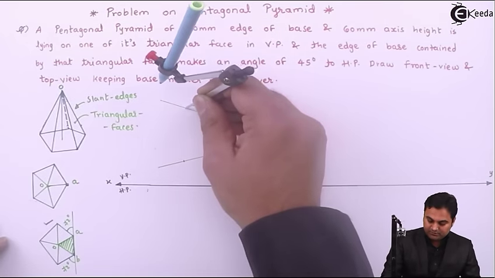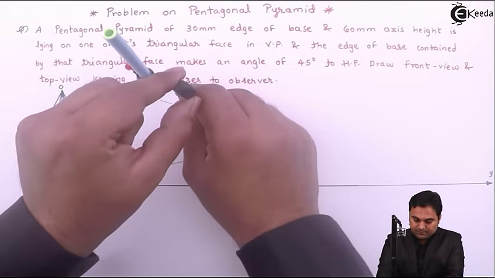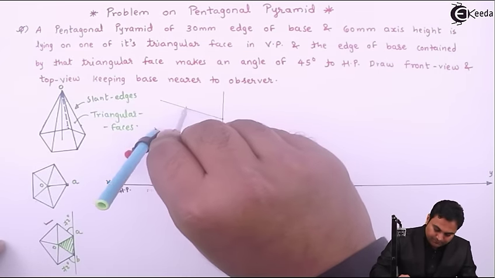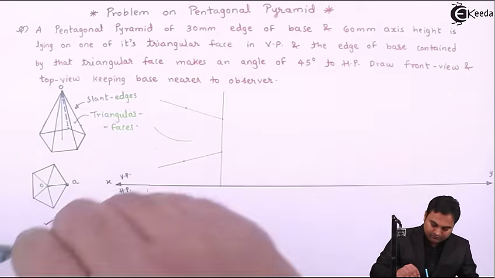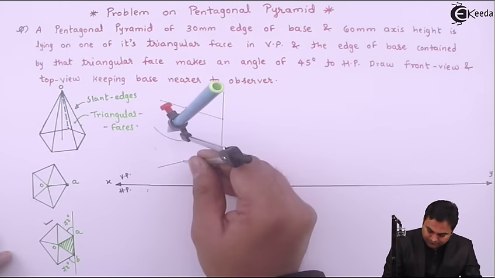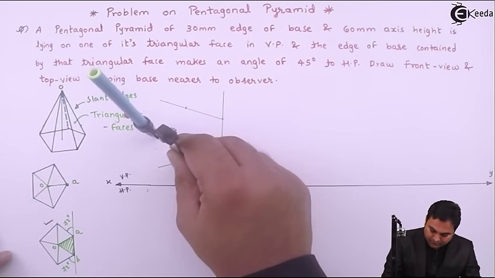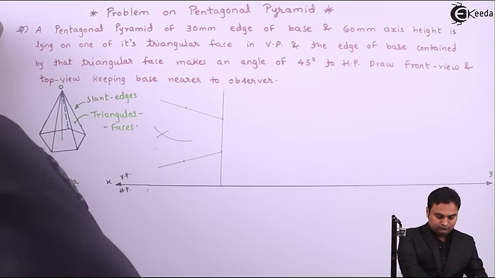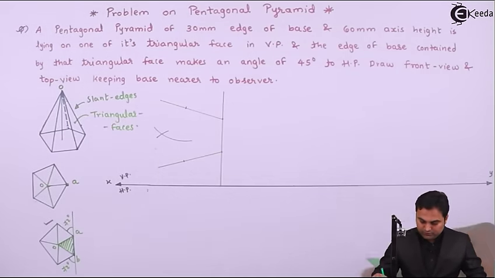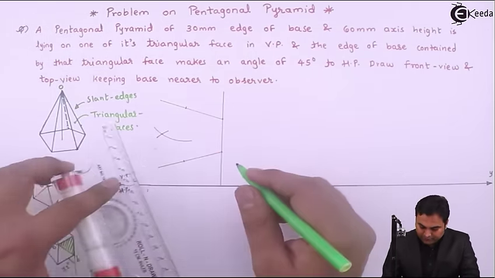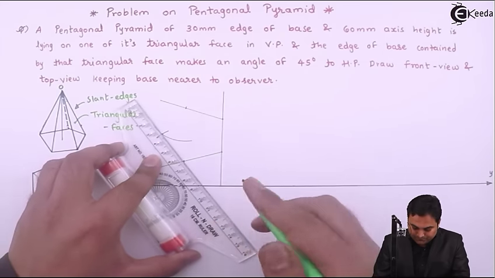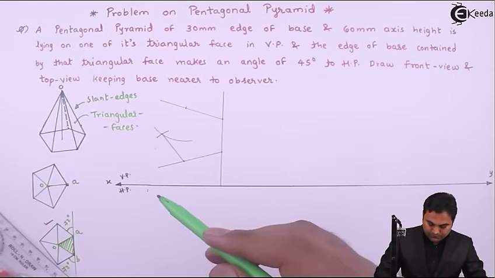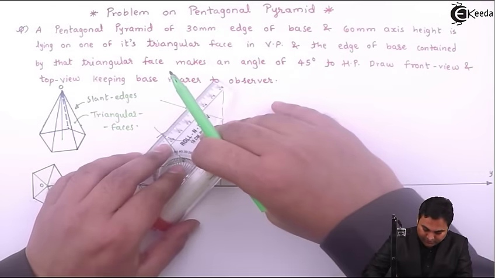Next, keeping this same 30, same distance, I am going to draw an arc here. Next, keeping here, I'll cut this arc. So here I am getting this intersection point, so joining it will give me the edge of the pentagon, and on the other side as well.